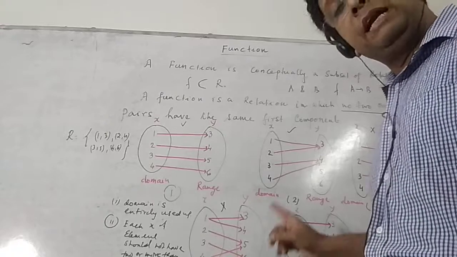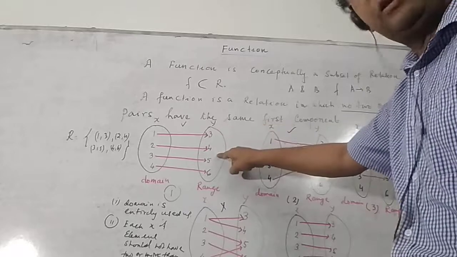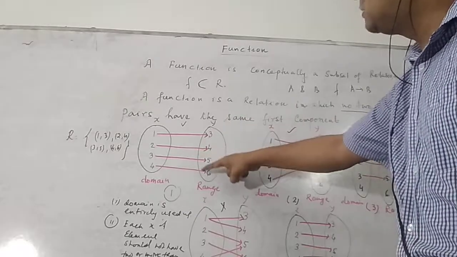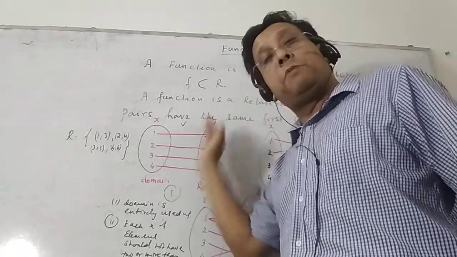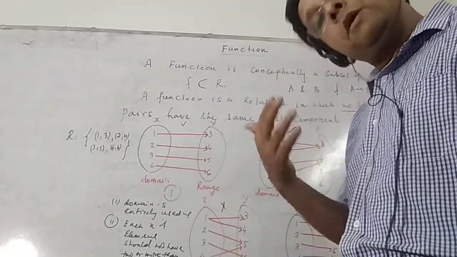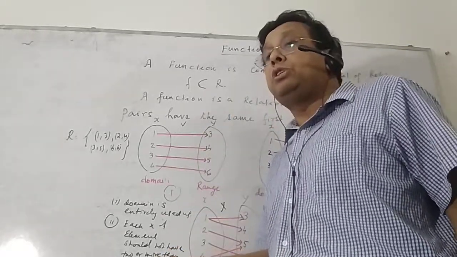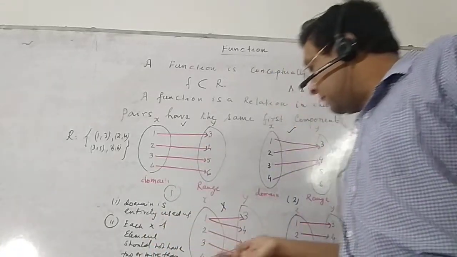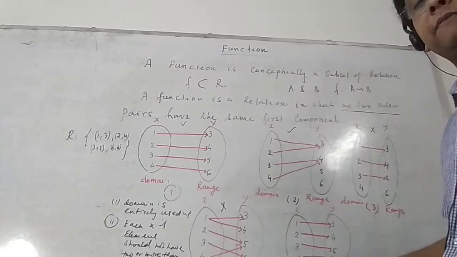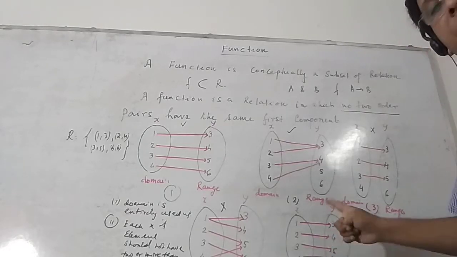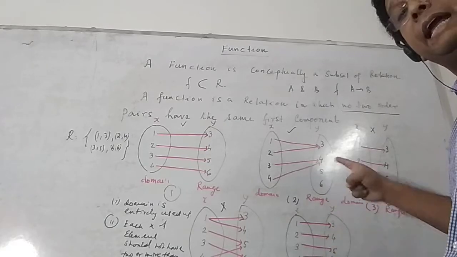When all the elements of the range already have a corresponding image or pre-image, then that function is called the surjective function, also called an onto function. We'll come to it again whenever I teach you the types of functions. But here you just see, though this 7 is not used up, still I can say it is a function. It is not an onto function; it is an into function.